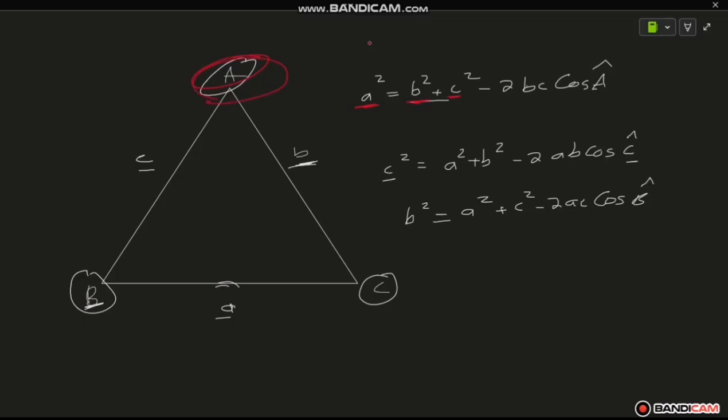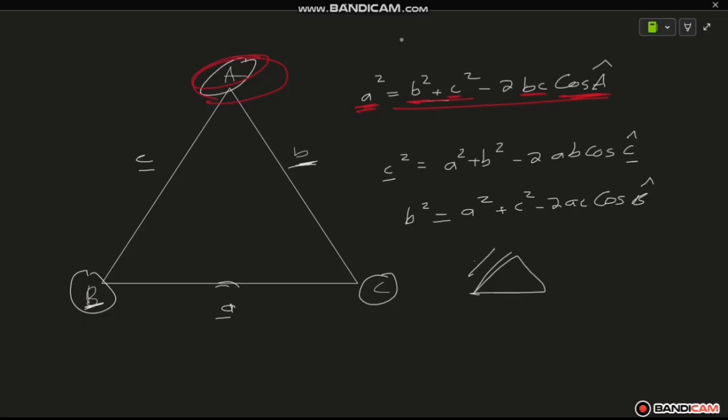Let me explain it. a squared, the side opposite A, equals b squared plus c squared. These are the sides that are forming angle A. Then you minus 2 times these two sides, cos A.